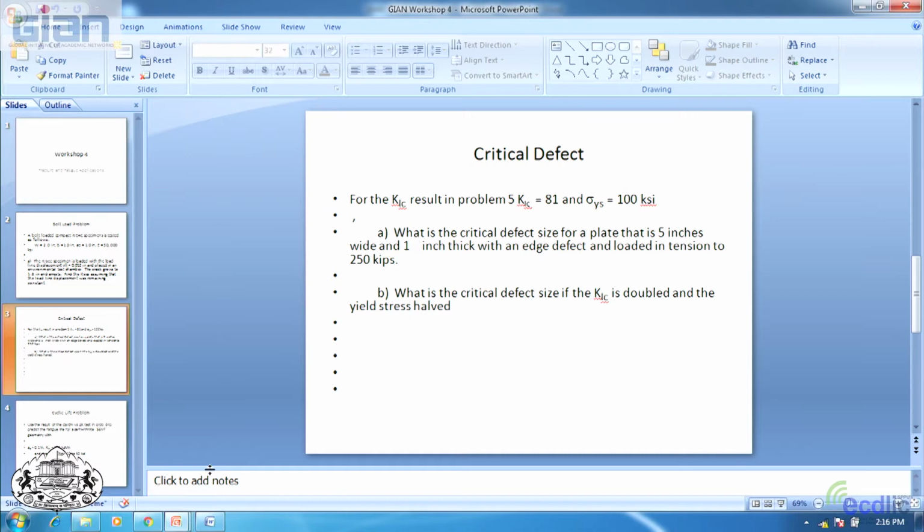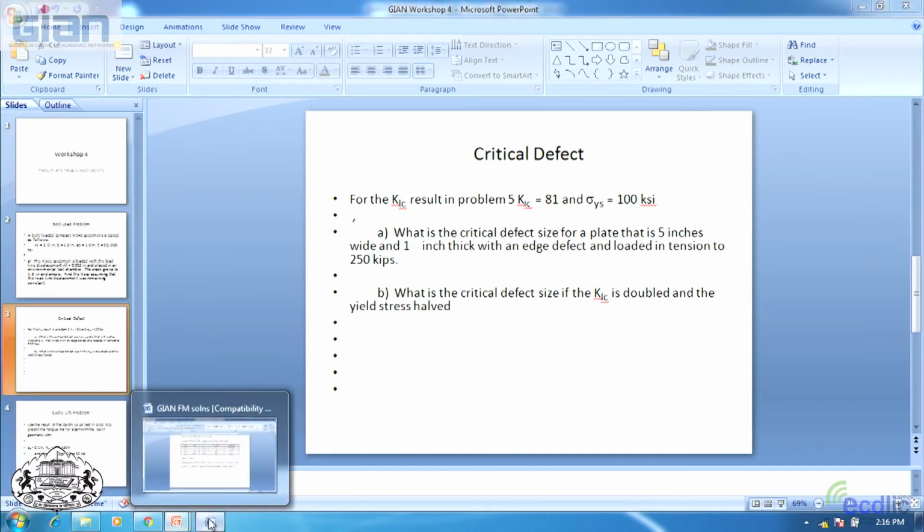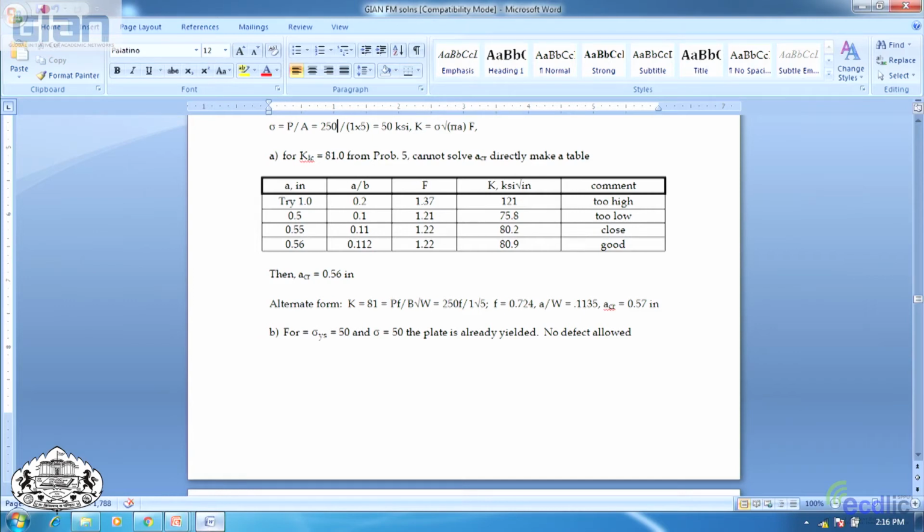You should use the single edge crack solution or table to get the capital F. So in this case, I wanted to use the capital F form and find the stress being 250 divided by 1 by 5, which is 50. I want to point out again, when you calculate stresses, you never put the defect in. The defect comes in at 2 places. You don't need it at a 3rd place. That's the way all the case solutions are set up: the stress is calculated without the defect.